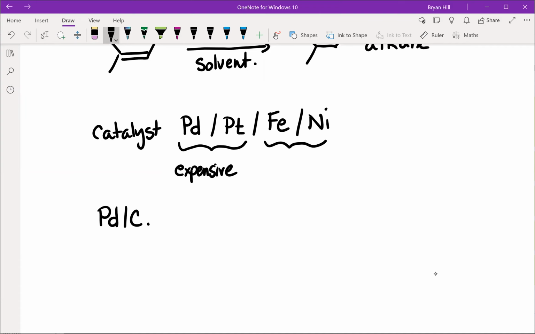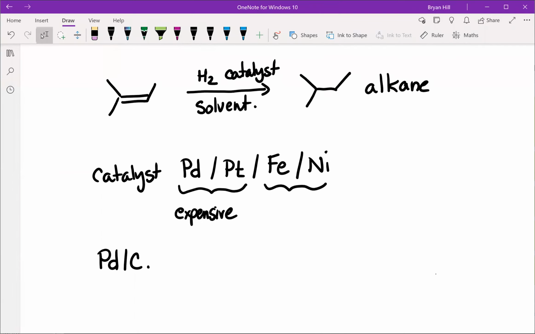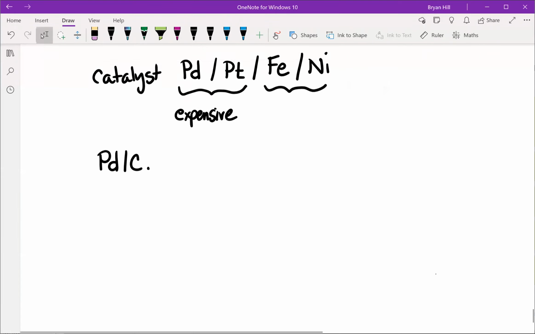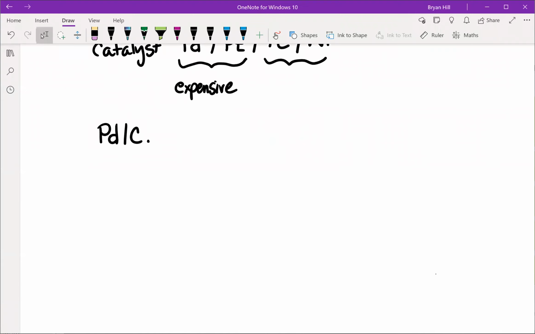For this reaction to take place, the surface of the metal is really important. So here's a hypothesis of how this works. You've got your metal surface and you've got hydrogen, and the hydrogen gets absorbed onto the surface of the metal.